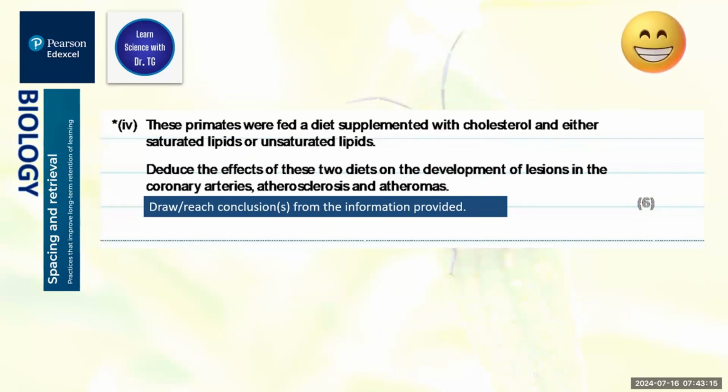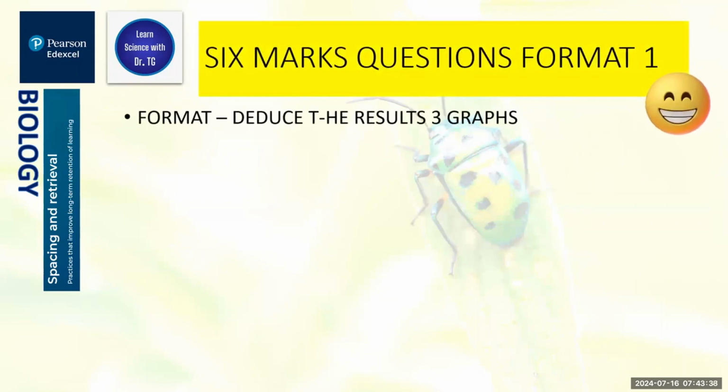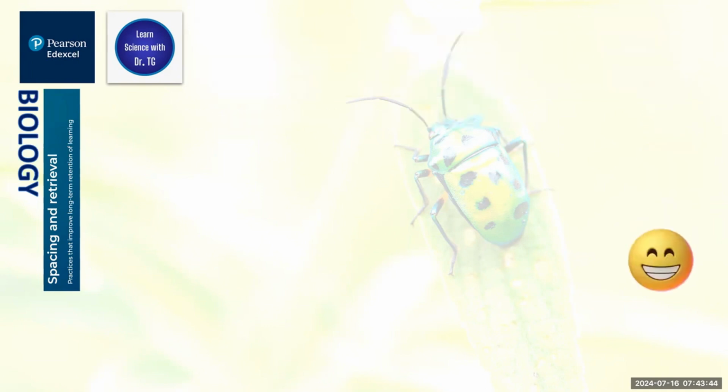That's the format. Sometimes we have to make a final conclusion comparing the 3 results, but here we don't want to make a final conclusion. This is the format: deduce the result of 3 graphs.